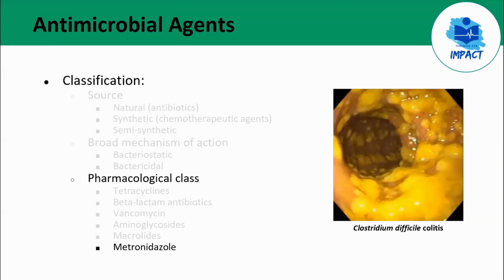For first episode, mild or moderate infection, you can use either metronidazole or vancomycin. For severe infection, you use vancomycin. And for complicated cases, you use both metronidazole and vancomycin. That is just a general guide, but please follow your hospital's specific guidelines for this.